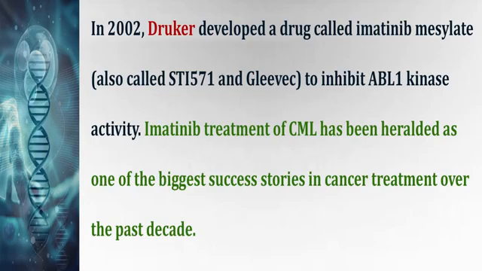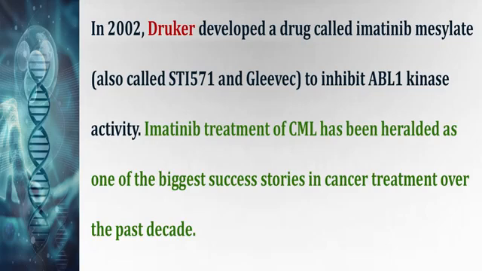In 2002, Druker developed a drug called imatinib mesylate, also called STI-571 and Gleevec, to inhibit ABL1 kinase activity.